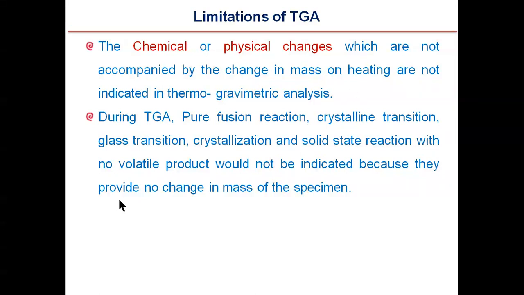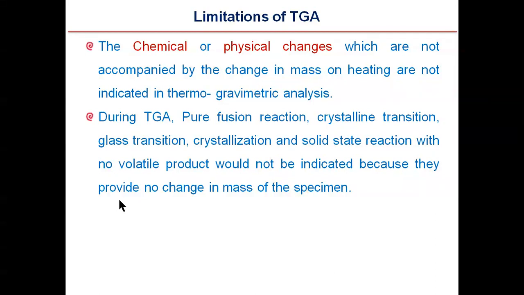So this is very important. Reactions involving no change in weight, or involving no volatile product, cannot be monitored by TGA. An example is the glass transition temperature. Upon the transition, the molecular weight of the glass is the same as the initial glass.